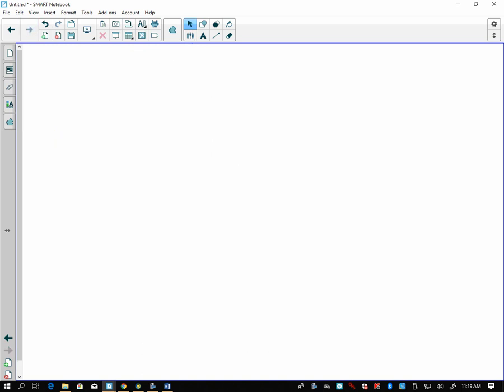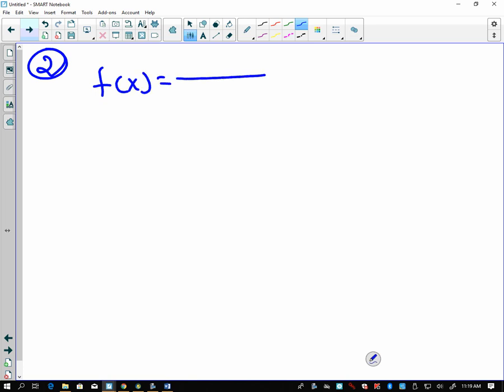Now we're going down to the 5s with number 2. Hopefully we're paying close attention here. Find the domain of the function. We have f of x equals square root of x plus 5 over x squared plus x minus 6.